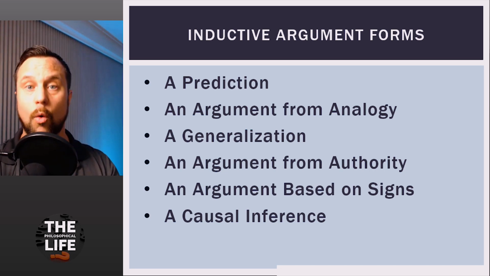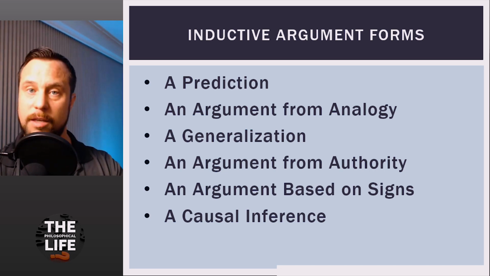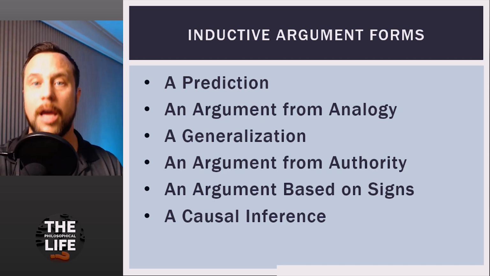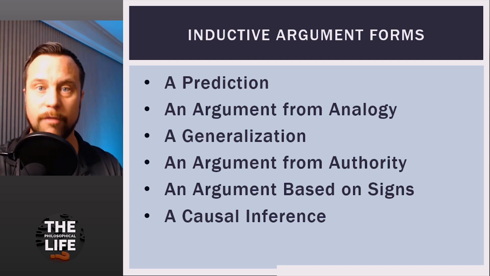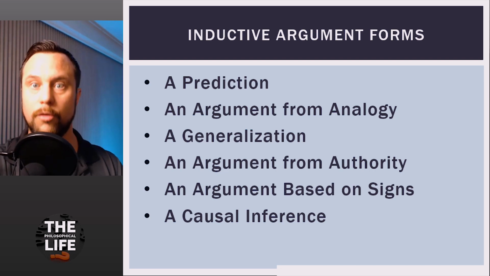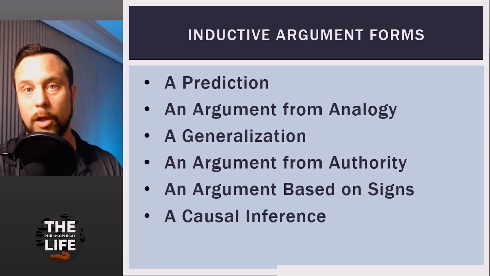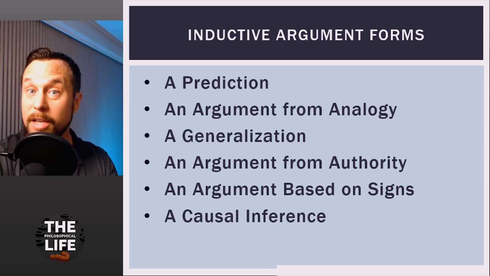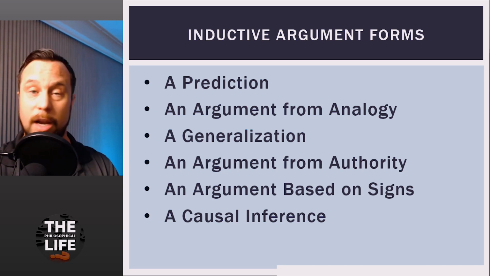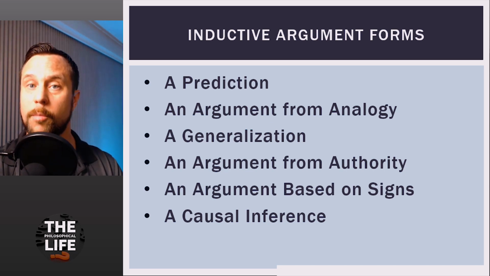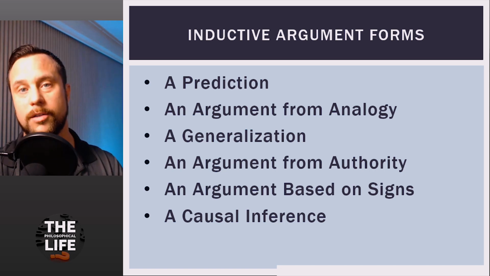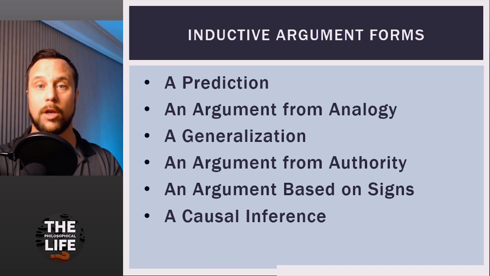An argument from authority. And now, this isn't the fallacy version. This is just an actual expert giving their opinion, and it's usually reliable. Oftentimes what they conclude, or what you conclude from their work, follows with probability from the premises. Argument based on signs, and then a causal inference, where you infer from a cause to an effect or from an effect to a cause. Those are common inductive argument forms.